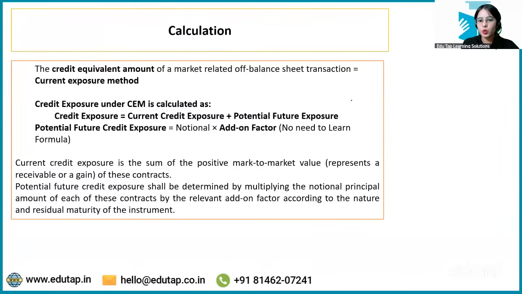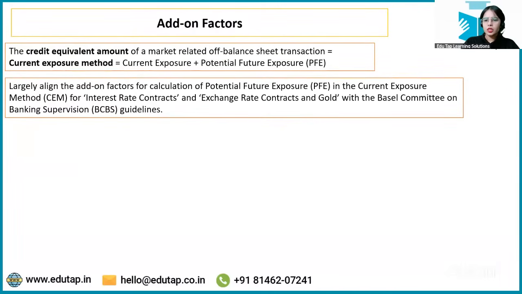Now the potential exposure depends upon the notional value of the contract, the value of the contract basically, multiplied by the add-on factor that we are going to discuss in the coming slides. No confusion? So this is the idea of the credit equivalent amount, where we want to see the exposure that this derivative contract has.